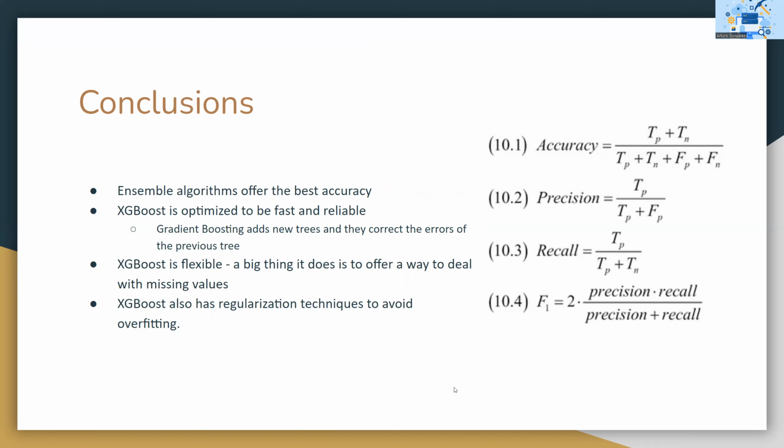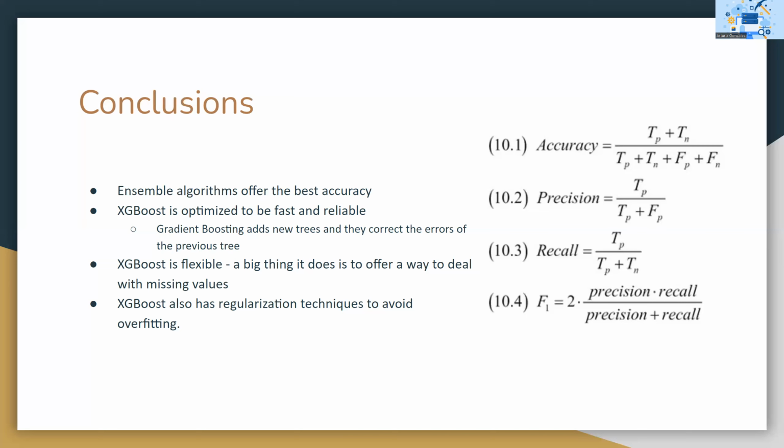So ensemble algorithms led to the best performance out of all of them. XGBoost is built off boosting, which is an ensemble algorithm. The reason it's so great is because XGBoost is optimized to be fast and reliable. Boosting adds new trees and corrects previous errors.